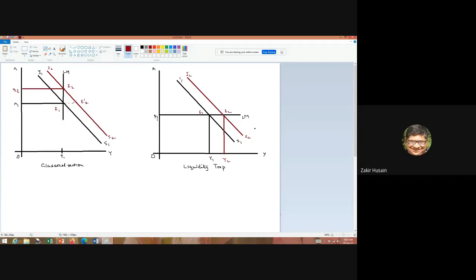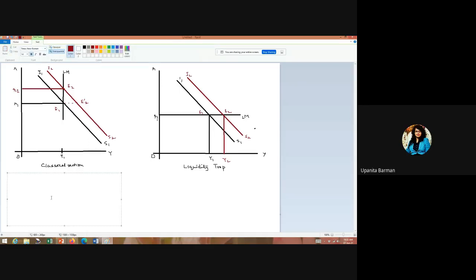See, initially what happens is there's an expansion in fiscal policy. When G goes up, let's work it out. When G increases, it means aggregate commodity demand rises, right?